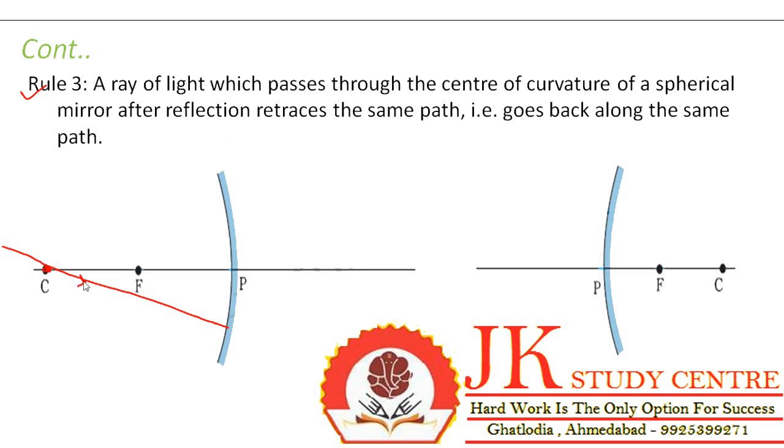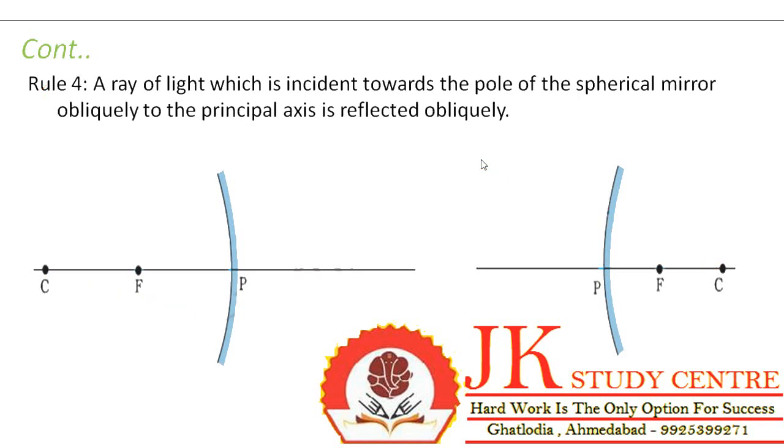If this is your incident ray, then after it strikes the mirror, it goes back along the same path. Similarly in this case, if a ray falls on this mirror such that it appears to pass through this center of curvature, then after reflection it goes back along the same path.